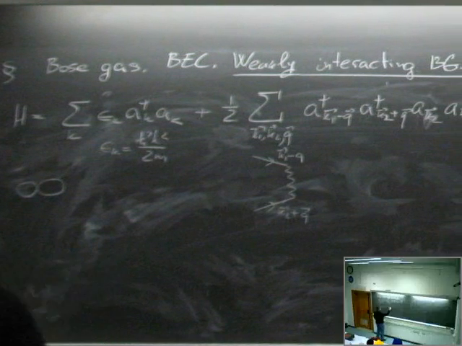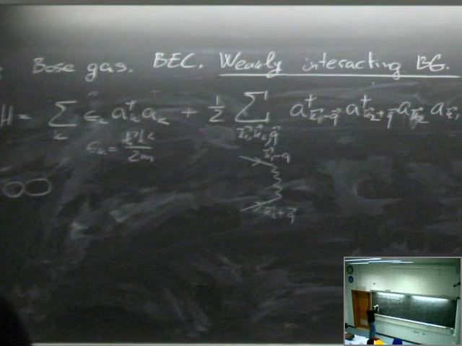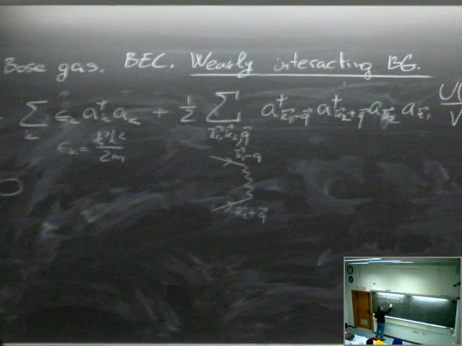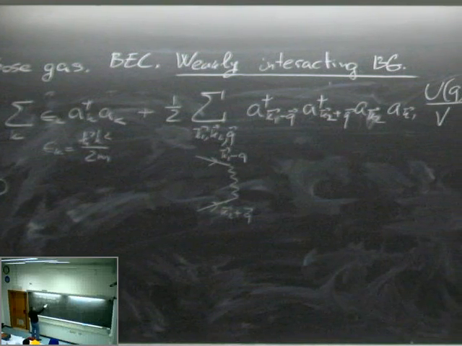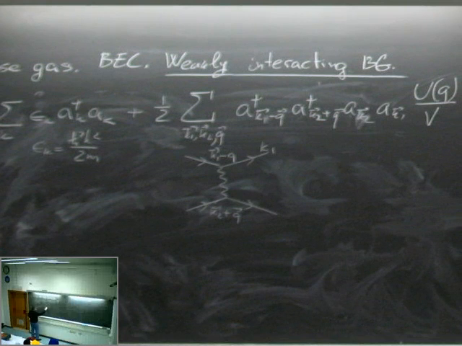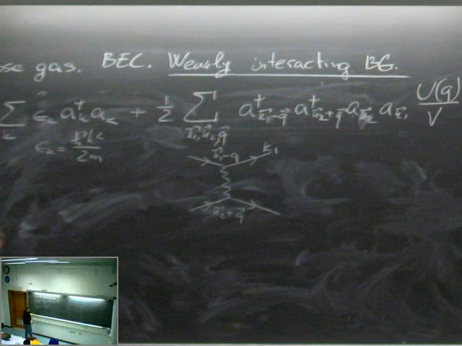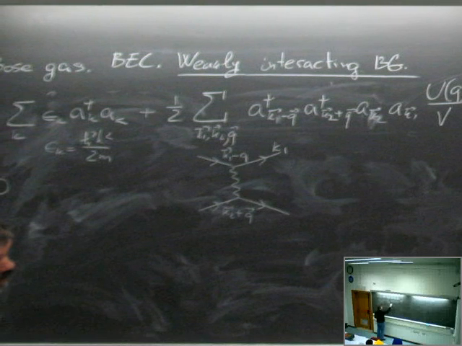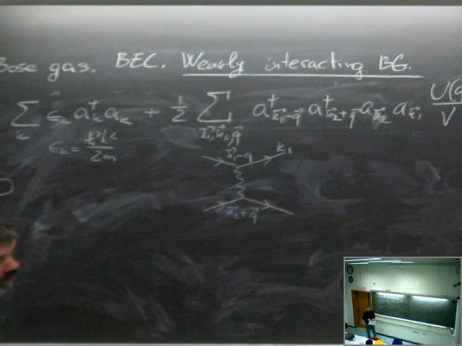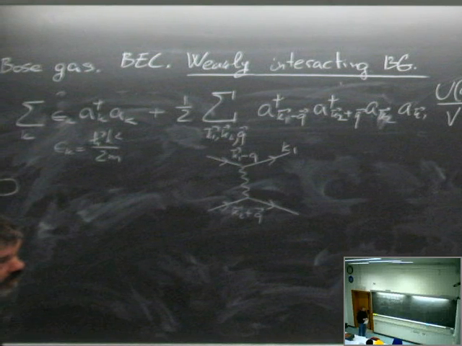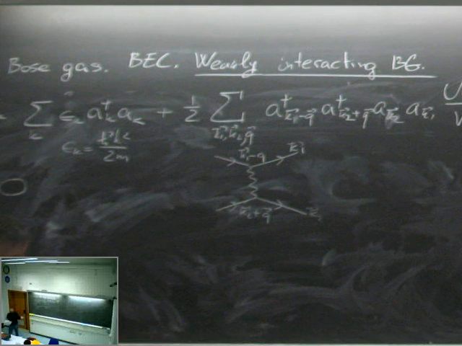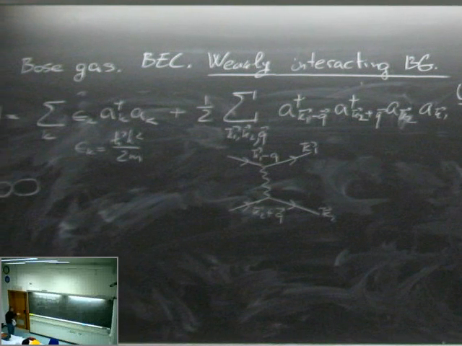As a result of scattering of these two particles, the momentum q is transferred, and the particle k1 minus q scatters, being characterized by momentum k1, and the particle k2 plus q releases the momentum and has momentum k2 at the final step. This is the simplest Feynman diagram, so to say, describing this process of scattering.